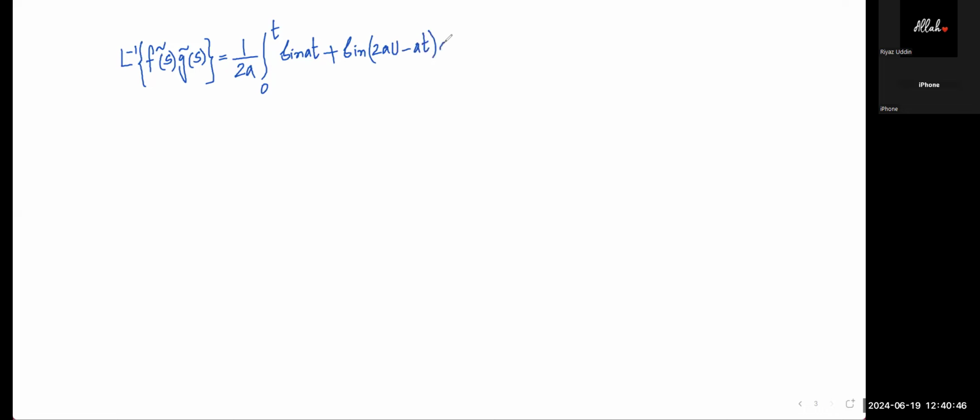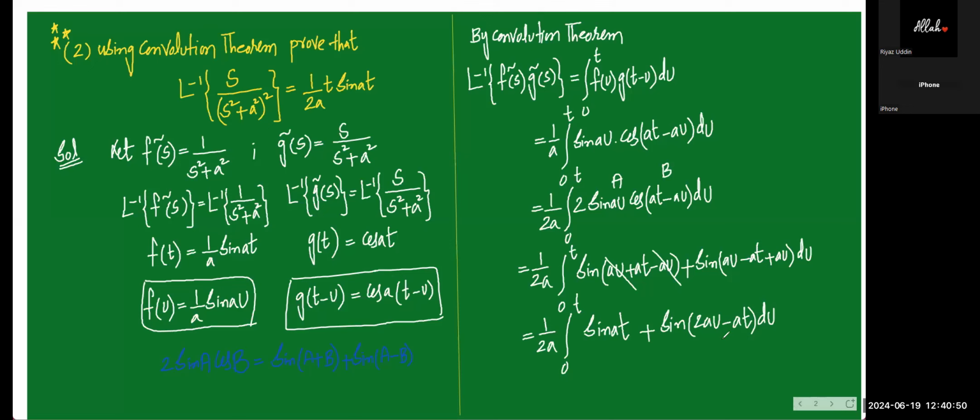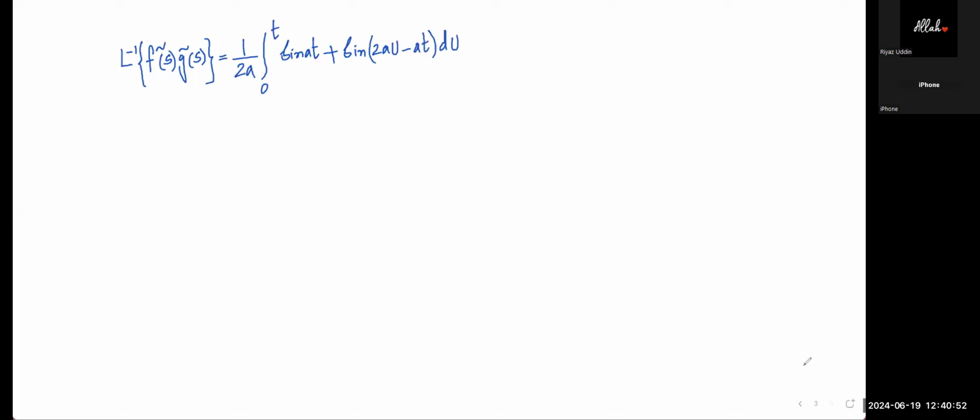This was the previous step. Now I want to apply the 0 to t limits to both of these, this one with respect to u, and similarly this one also with respect to u, along with their limits 0 to t.